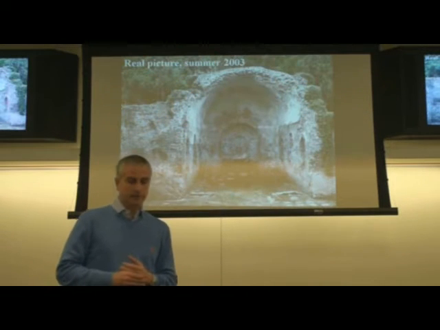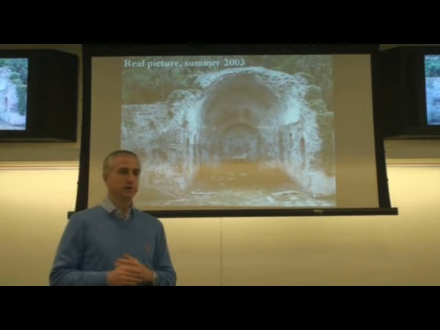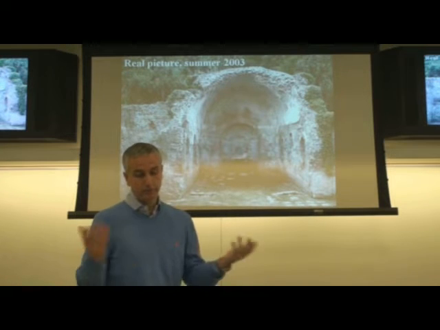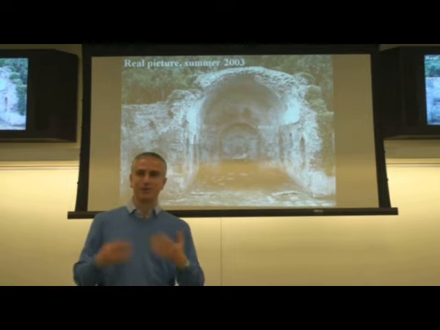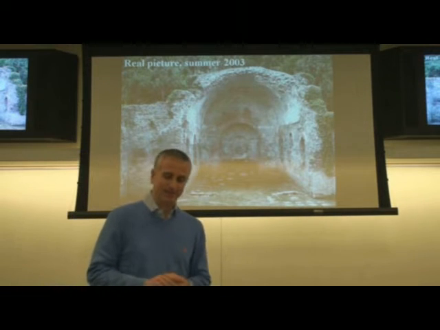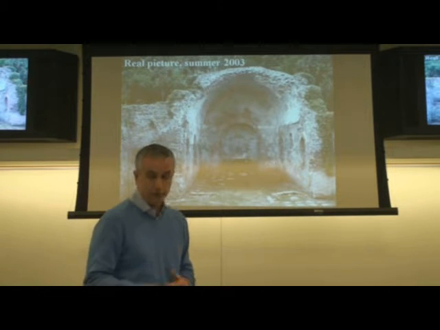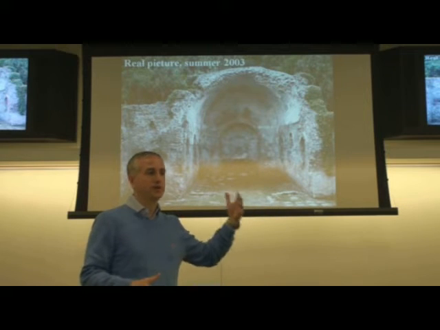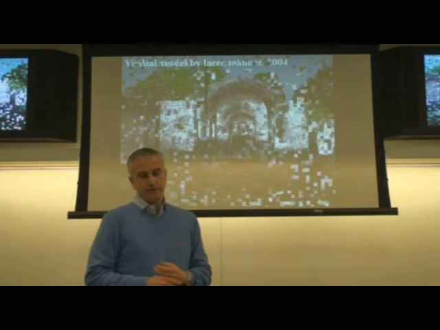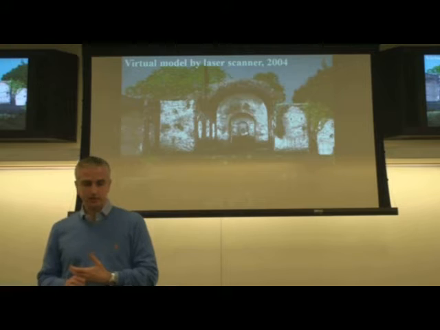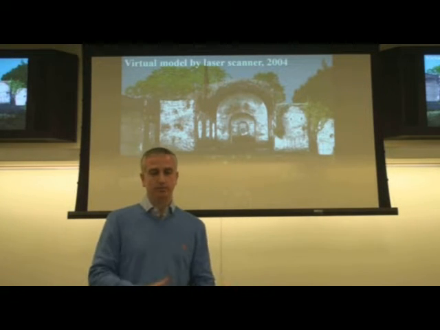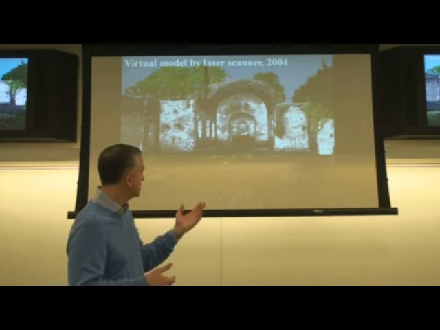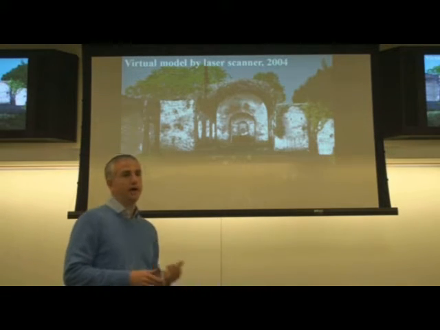These are pictures I took in 2003, the same monument, with of course less vegetation, not so romantic, but of course much more detailed and full of information about the state of conservation of the monument. This is the laser scanner model, taken in 2004. Same monument, same site, same location.